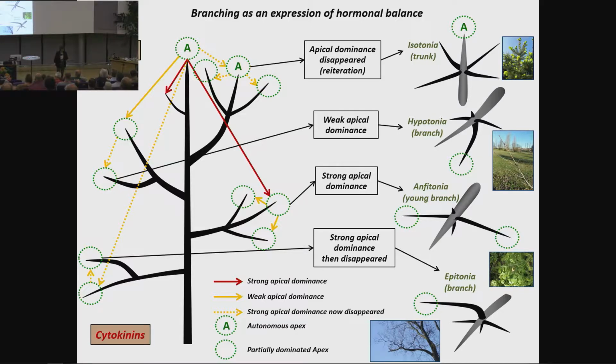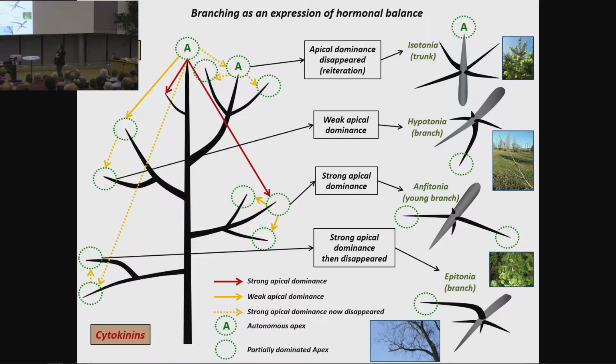And of course, as I said, some parts of the tree, like these, get to an independent state because this apex is dominating the others. And some other apexes are still partially dominated hormonally.